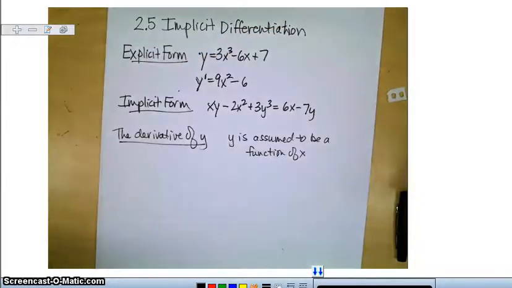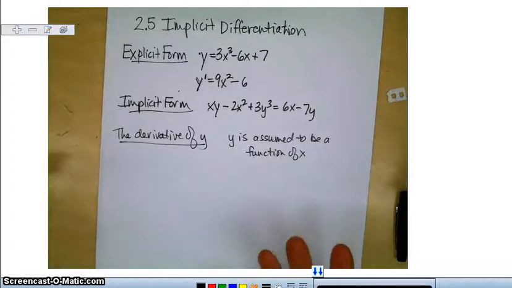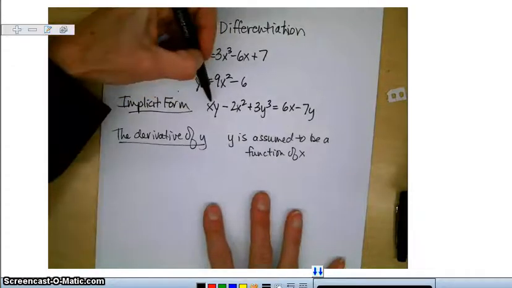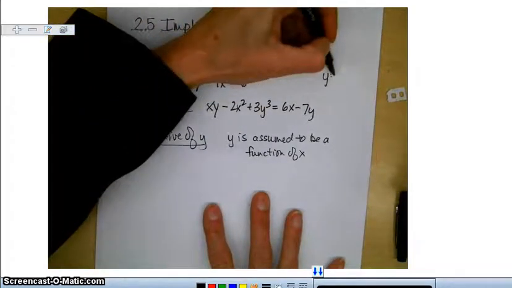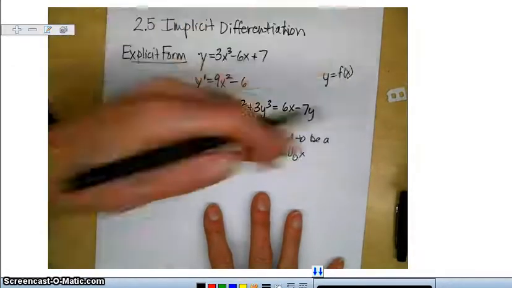In other words, y is assumed to equal something that has an x in it, like 2x minus 4, or the square root of x. So we have to assume that y is some other function out there that we don't know.